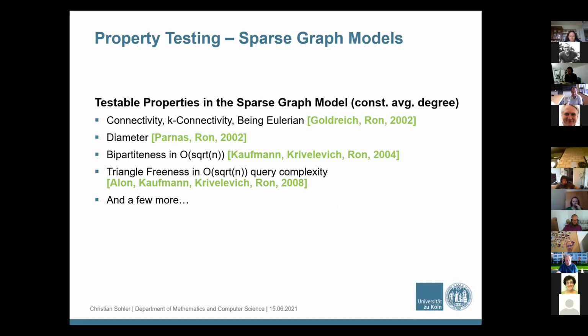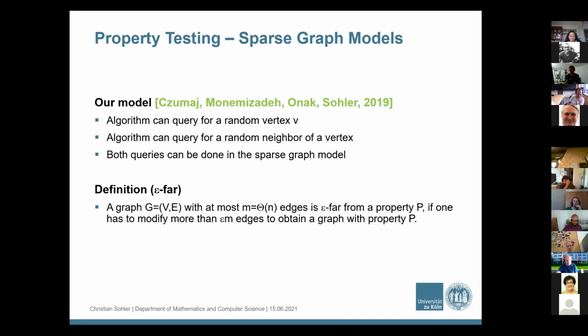In the sparse graph model, if I'm assuming constant average degree, there are also some known testability results like connectivity, k-connectivity, being Eulerian, diameter, also bipartiteness can be done in order of root n time. Triangle freeness we can do in order of root n query complexity, and a few more results, but not too many results we have.